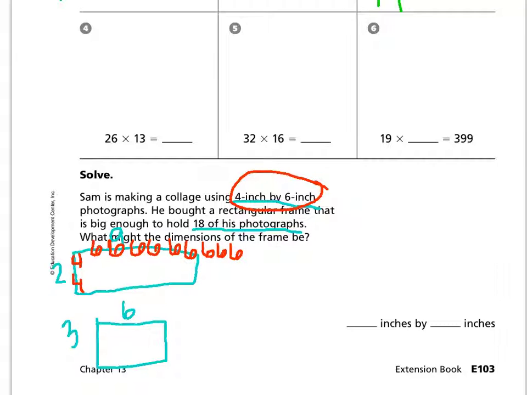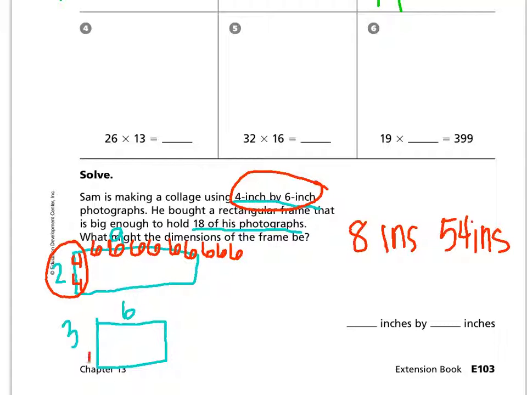I know that 4 plus 4, or 4 times 2, is going to be 8 inches. And I know that 6 times 9 is going to be 54 inches. So I know that this could be 8 inches by 54 inches.